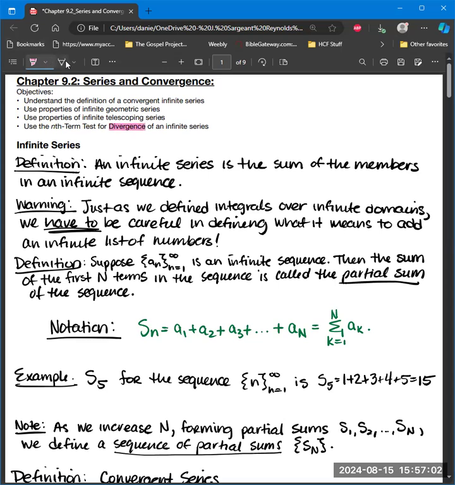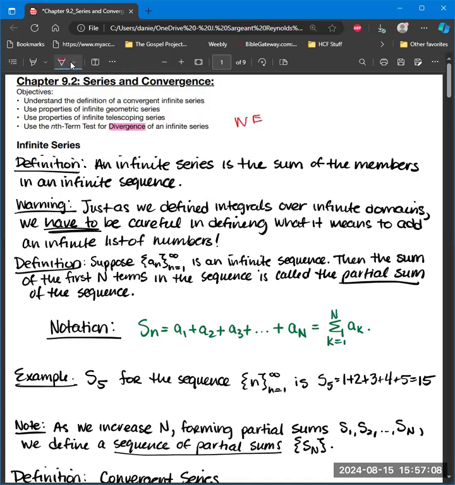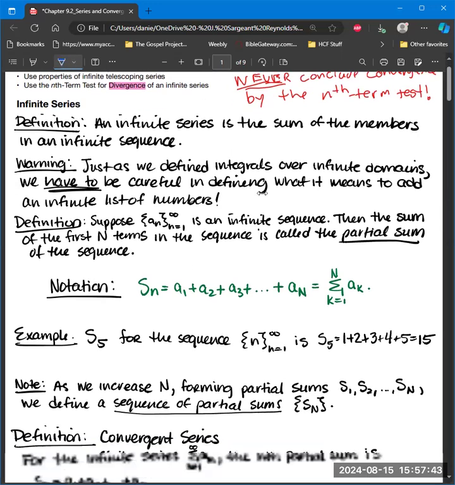So never, ever, ever, ever try to conclude convergence by the nth term test. Okay, so already going to tell you that's a big pitfall, so don't do that.